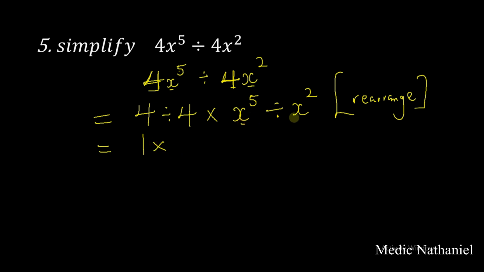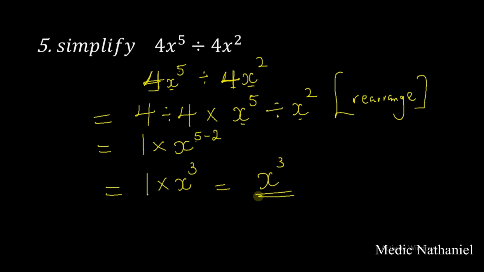Since x is here and x is here, I will take one of the x and then subtract the power. So the power is 5 minus 2. That will be equal to 1 times x raised to the power of 3. 5 minus 2 will give you 3. So 1 times x raised to the power of 3 will be equal to x raised to the power 3.